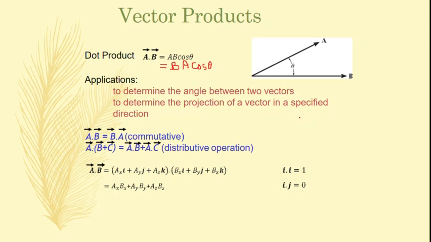Actually, cos theta is equal to a vector dot with b vector divided by the magnitude of these two vectors.